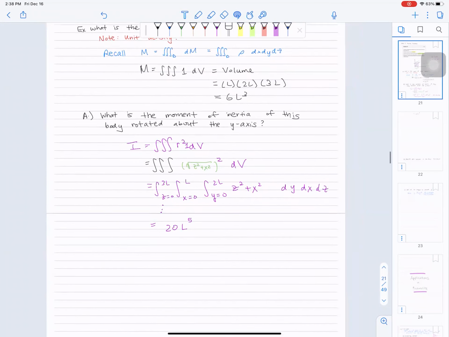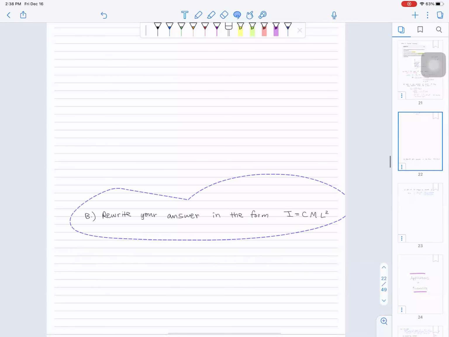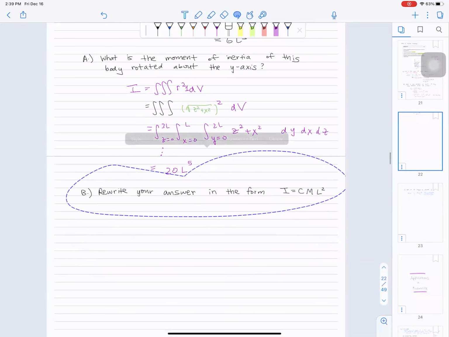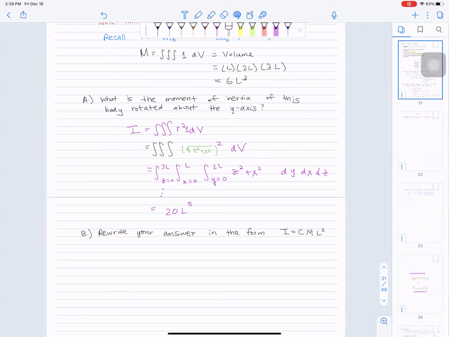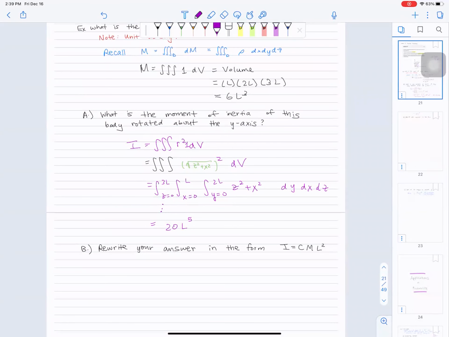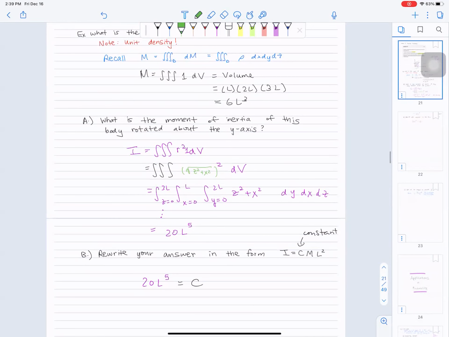Okay, then we have an additional question. We got our answer. What happens if I want to rewrite it in the form I equals C M L squared? What is I? I is 20L to the 5th. And I want to write it as some constant C times the mass. What is my mass? I found it up here.